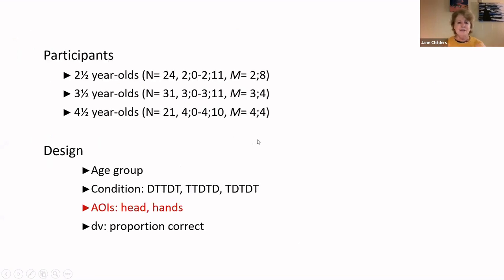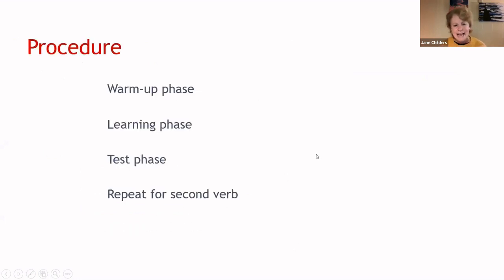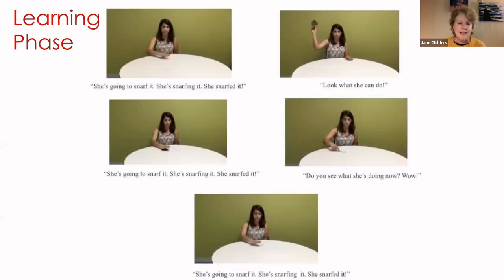We have 2-, 3-, and 4-year-olds, and we have these AOIs, the head or the hands. That's one part that's new. We have the same procedure, but we simplified the background.